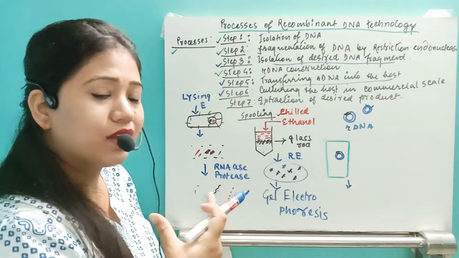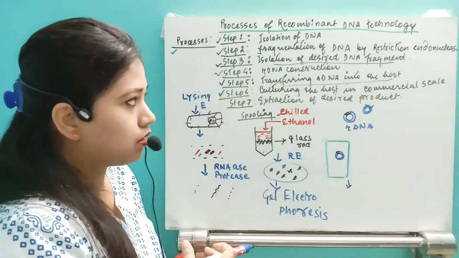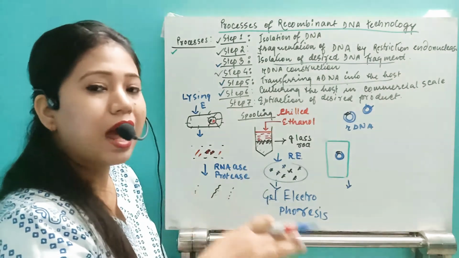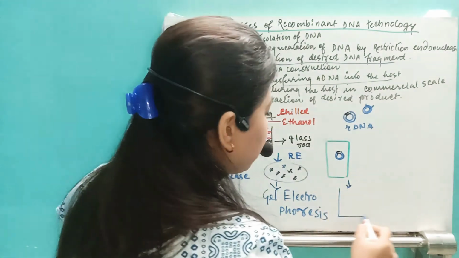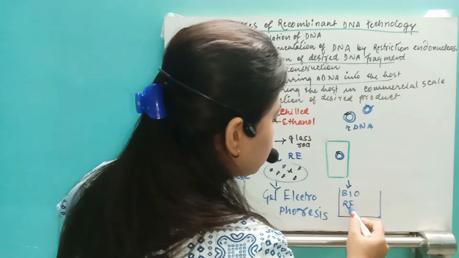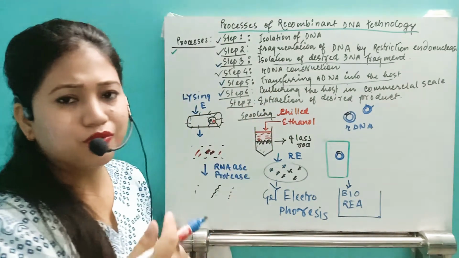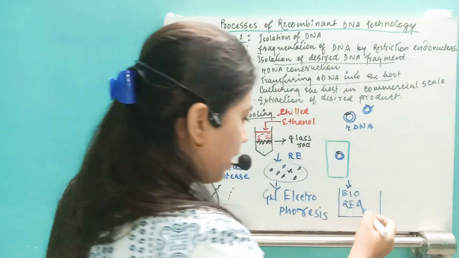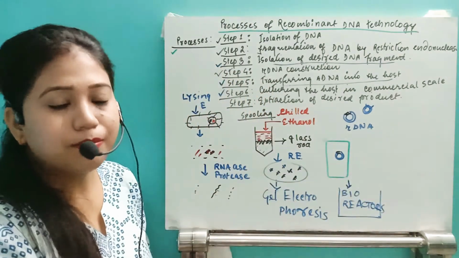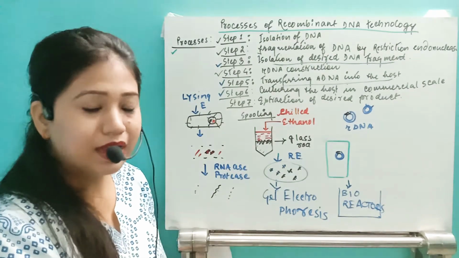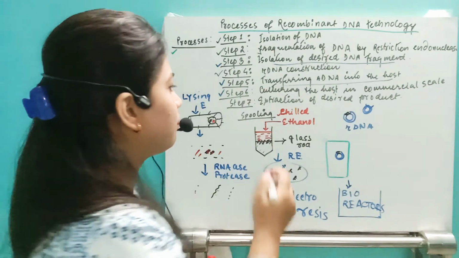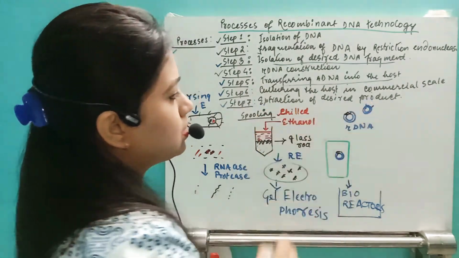How can we culture this recombinant host on a large scale? By using bioreactors. Large bioreactors, like 1 ton, 2 ton, are available. In those bioreactors, our recombinant host is going to multiply into millions of copies, and after that we can go for extraction of the desired product.